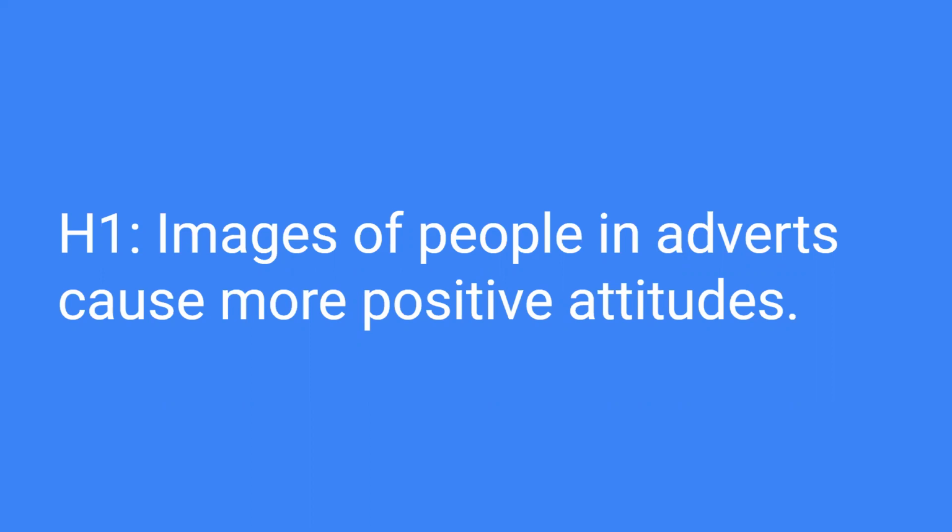But let's pretend that we have done this research and we have found out that there is a good chance that adding images of people in the banner advert will cause more positive attitudes. By just adding a picture of a face in a banner advert, we think that we can generate more positive attitudes. That's going to be the hypothesis.